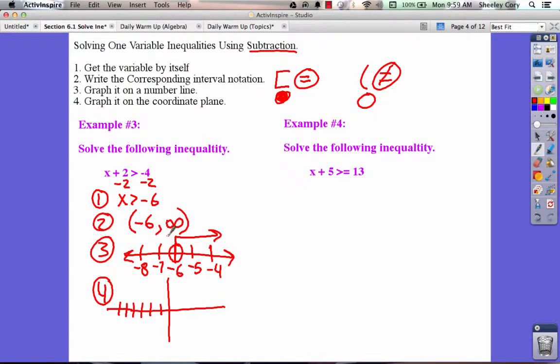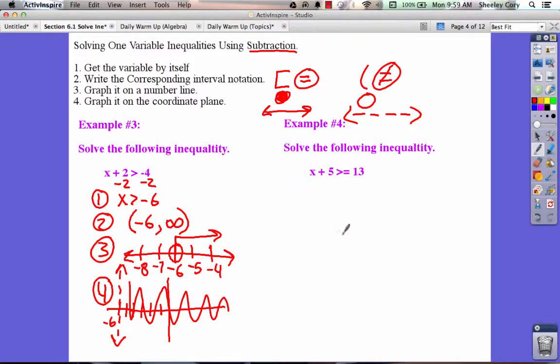And if you remember, bold lines if they're equal, dashed lines if they're not equal. So -6, I'm going to make a dashed line at -6. And because it's greater than, well, the numbers that are greater than -6 are this direction, so I'm going to shade this direction.